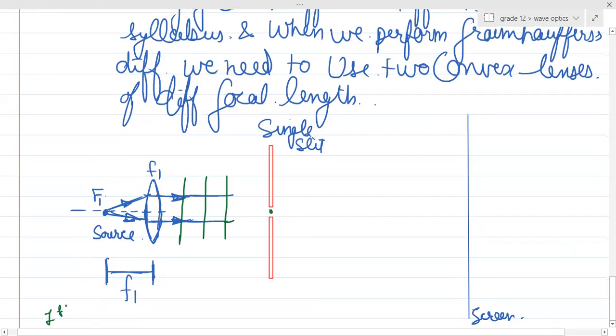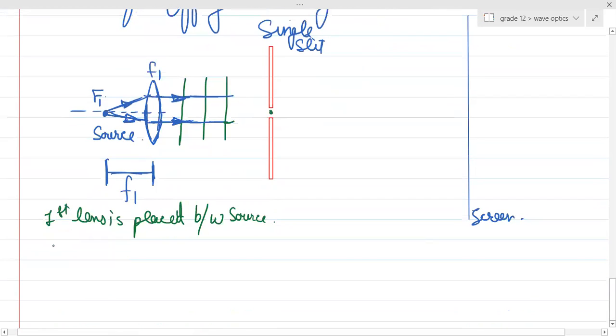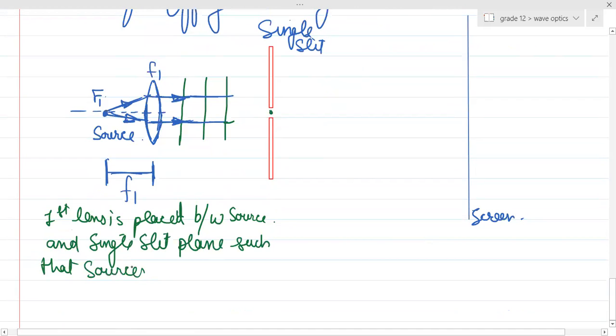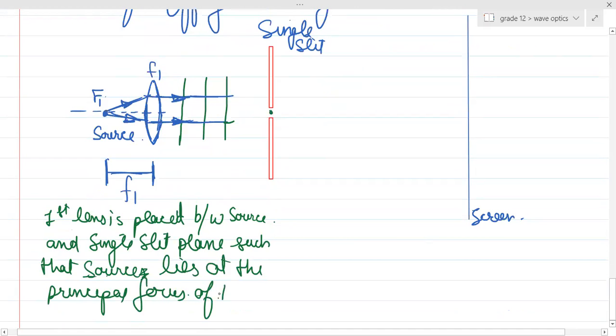First lens is just placed between source and single slit plane, such that source lies at the principal focus of the lens.